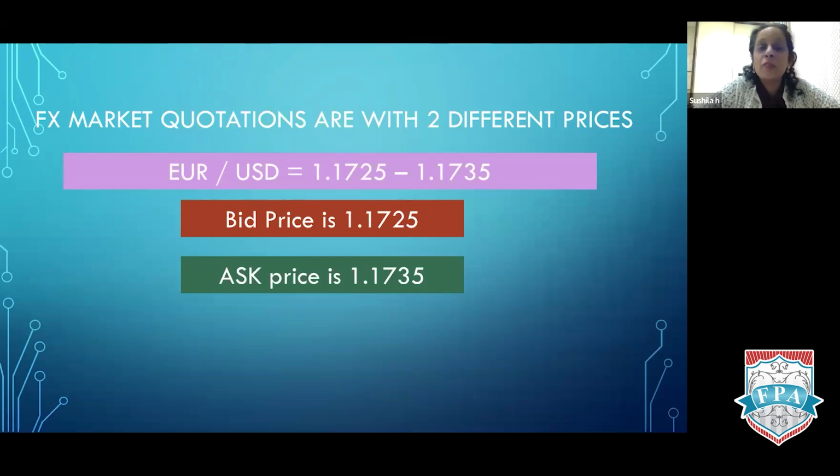Very valuable. So this person who's telling you he's buying at 1.1725 and is willing to sell at 1.1735 is a market maker, a price maker. They make the price. Okay.